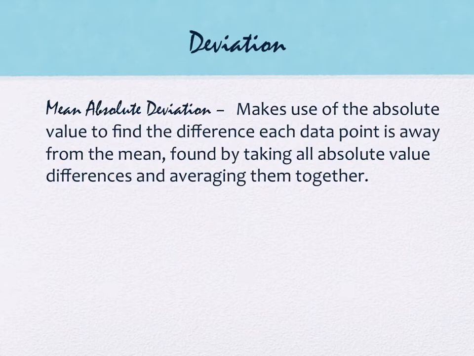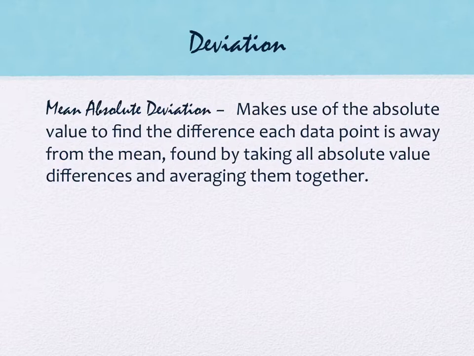It's found by taking all absolute value differences and averaging them together. So our goal is to figure out how far away on average our values are from the mean. That's what we're really doing. And we're estimating it with absolute values in this case.